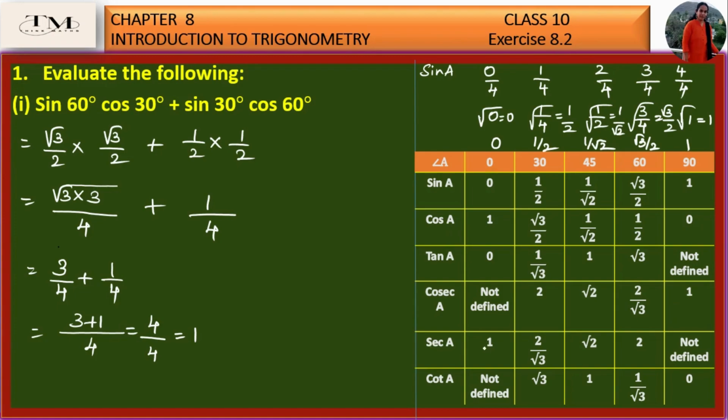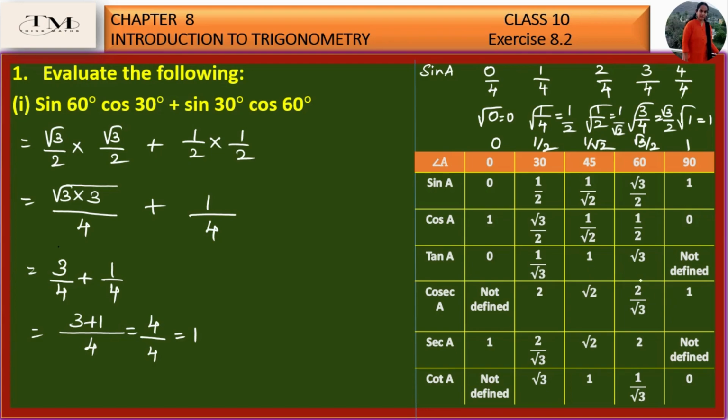So 1 by 1 is 1, reversing gives 2 by root 3, root 2 by 1 is root 2, 2 by 1 is 2, and 1 by 0 is not defined. Next, cot is nothing but the inverse of tan. So 1 by 0 is not defined. If you reverse the fraction, it is root 3 by 1, so root 3.